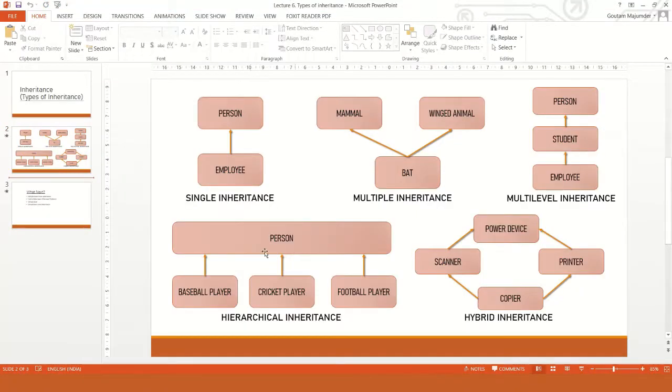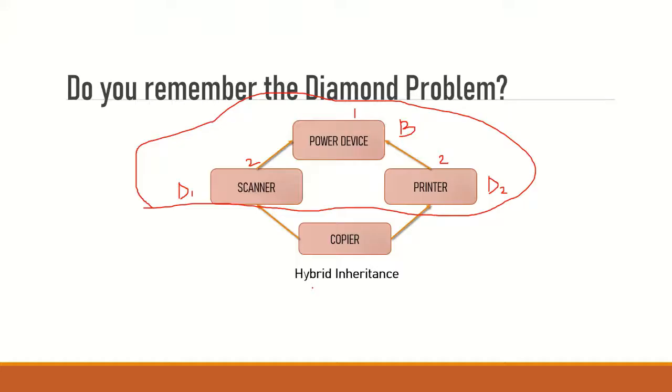So here D1, D2 and B jointly act as a hierarchical inheritance. It means the features of power device are available in the scanner class as well as in the printer class.